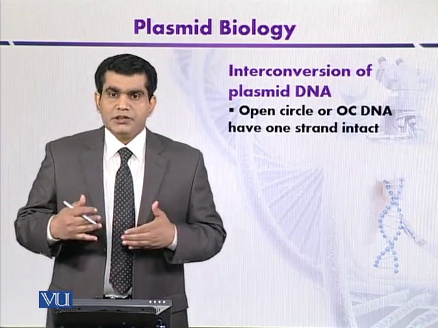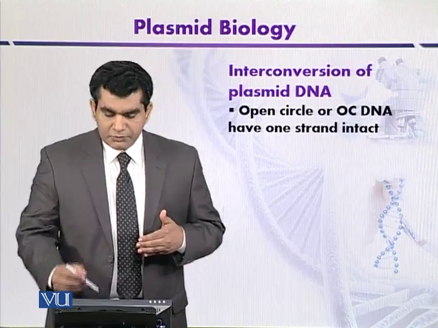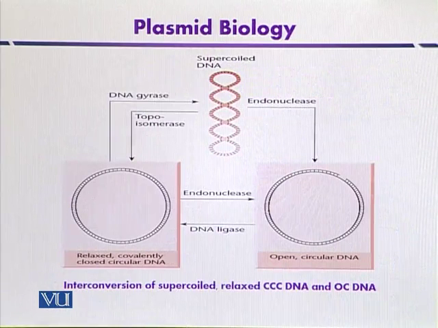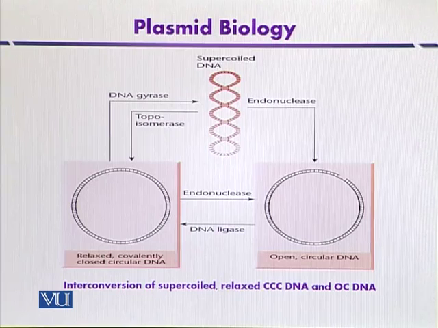It can be explained with the help of a diagram, showing how enzymatic interconversion of supercoiled DNA into cccDNA or OCDNA occurs. In this diagram, as I told you, if you attempt to isolate DNA, mostly it is present in supercoiled form here.